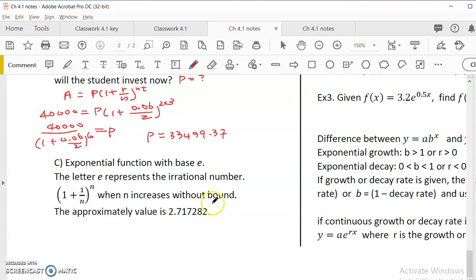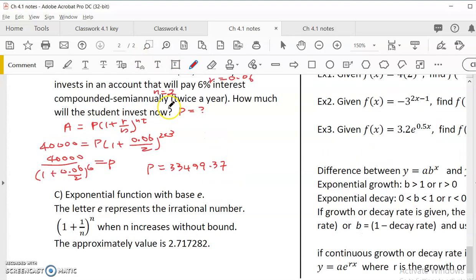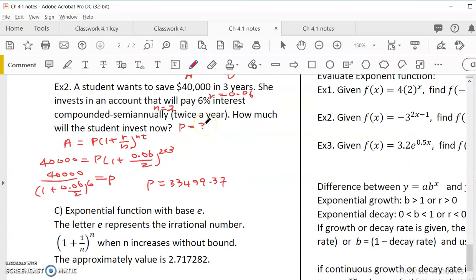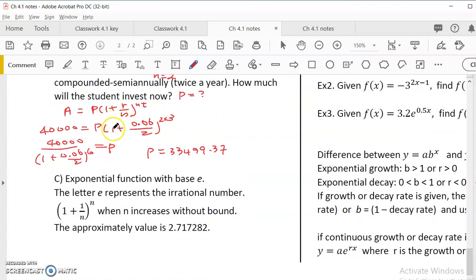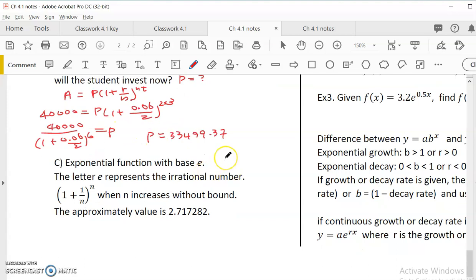Now, a b to the x model is just one model. It is easy to use and easy to understand, because we know that b is what you multiply every period. There is another model that can be used to model continuous growth. So these are growing every period, every t equal to 1, t equal to 2, you multiply by a constant number. What happens if the growth is continuous, that is infinite, like every second, every half of a second, you get more and more?